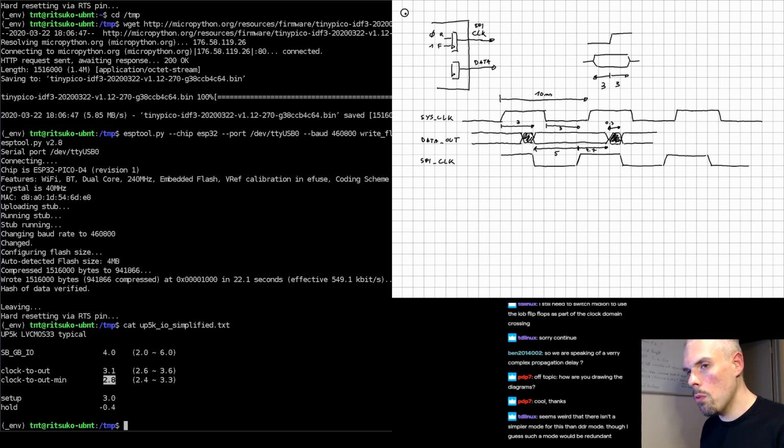And another one is just not possible on the iCE40 at all, but on some FPGAs, you have the IO registers. Here you have the output driver and the pad.